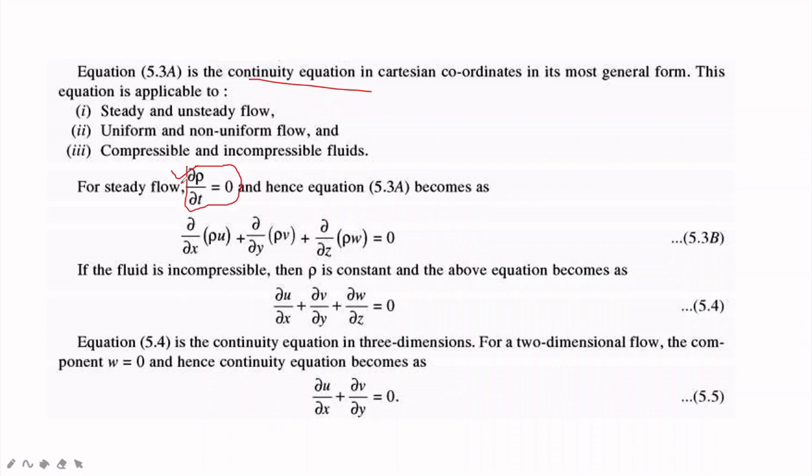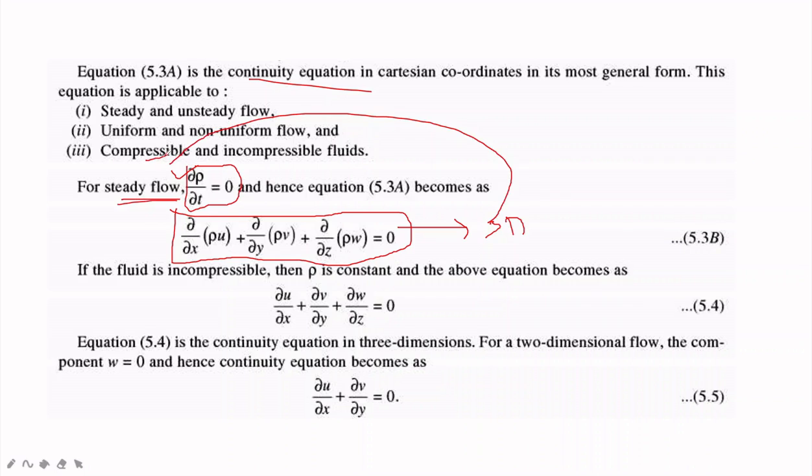If this is satisfied, it is steady flow, and the equation reduces to ∂(ρu)/∂x plus ∂(ρv)/∂y plus ∂(ρw)/∂z is equal to 0. This is the continuity equation in 3 dimensions for steady flow.